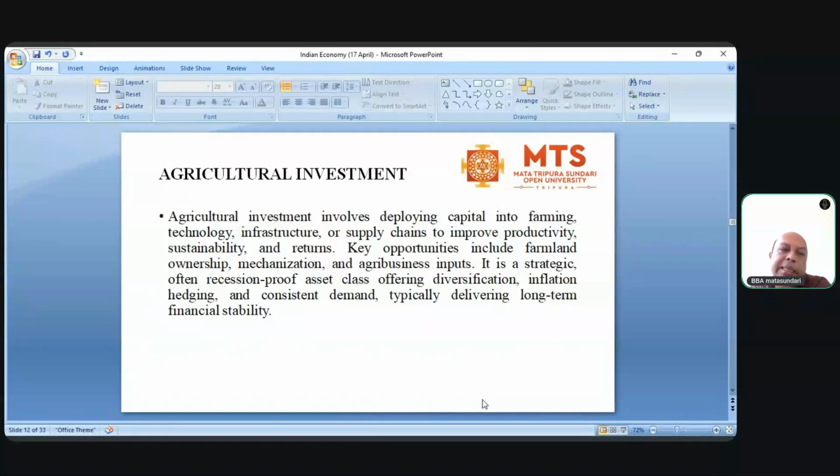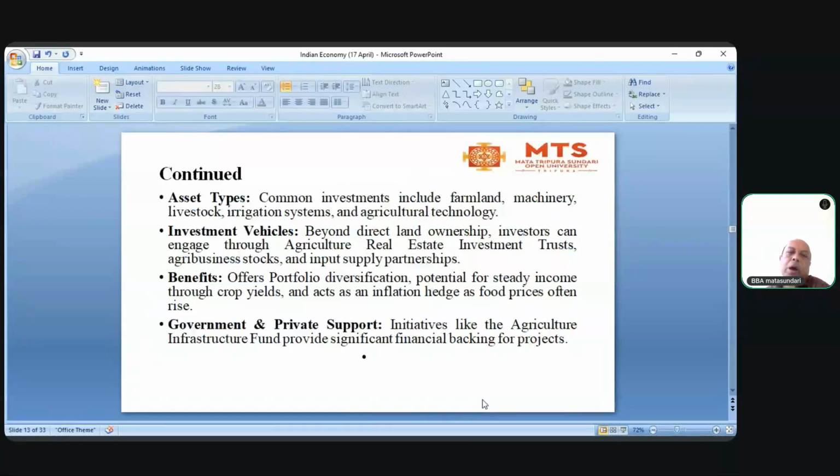So it basically indicates diversification of the agriculture sector and the development of the agricultural sector by investment of funds. How does it happen? I have some points.